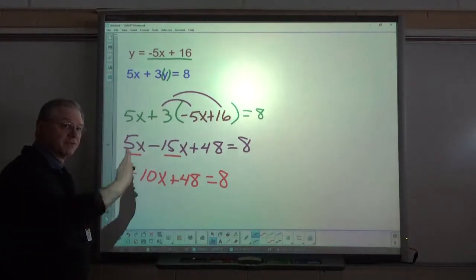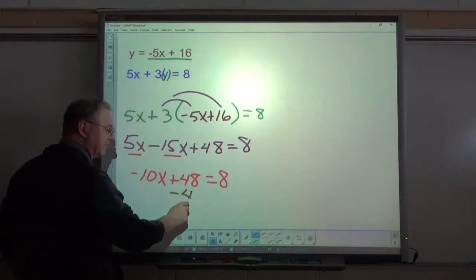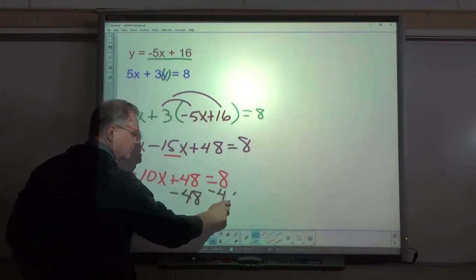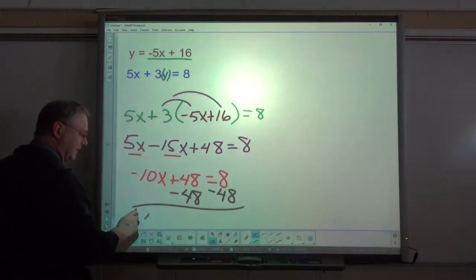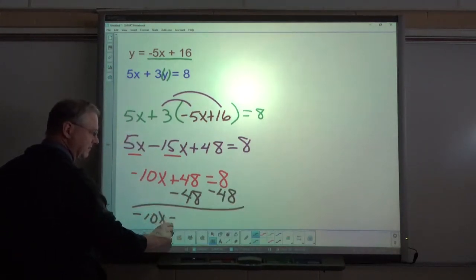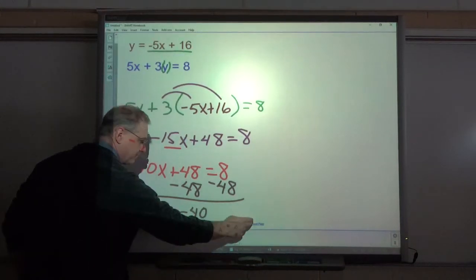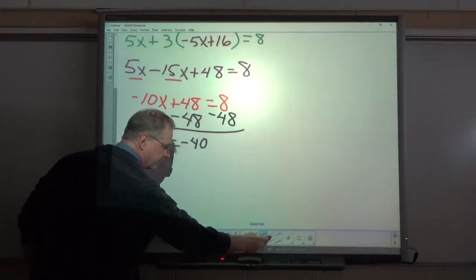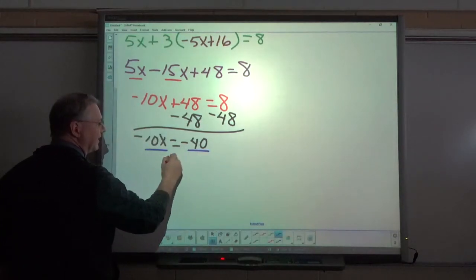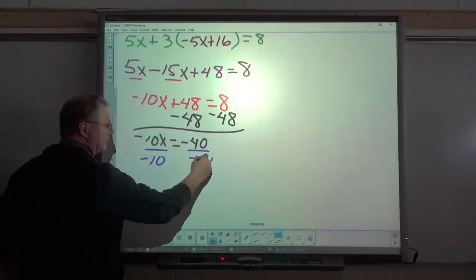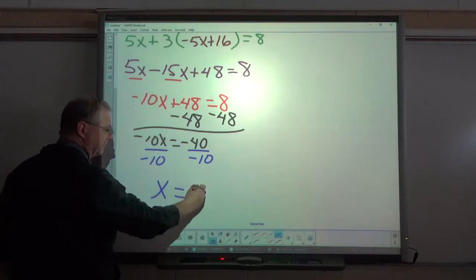Then I'm going to bring the 48 to the other side, subtract 48. Negative 10x equals negative 40. I'll finish it off by dividing both sides by negative 10. X equals 4.